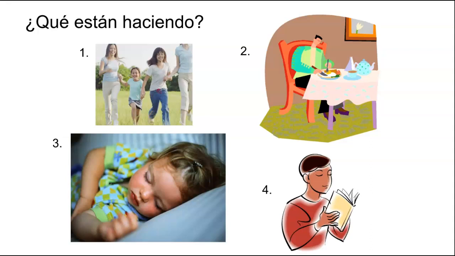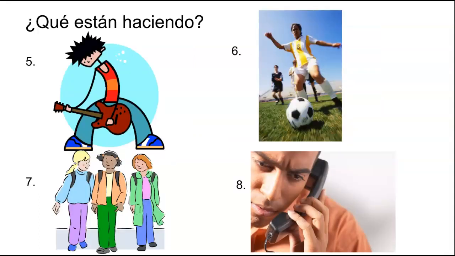Número 3. ¿Qué está haciendo la niña? Ella está durmiendo. Número 4. ¿Qué está haciendo él? Está leyendo. ¿Qué están haciendo? Número 5. Él está tocando la guitarra.